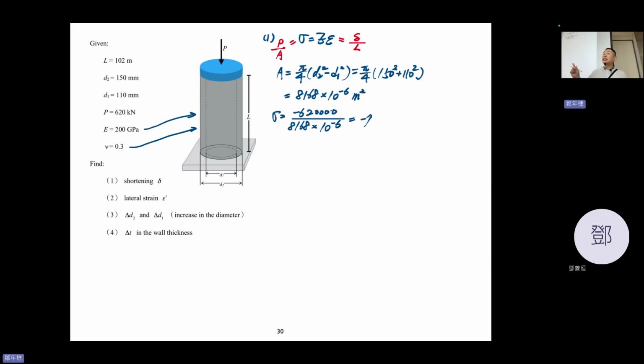You can see there's a minus because it's compression, right? All right, that's sigma.